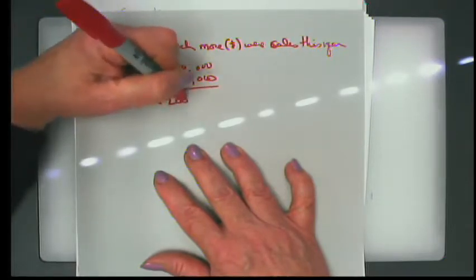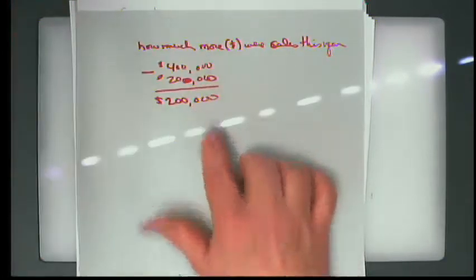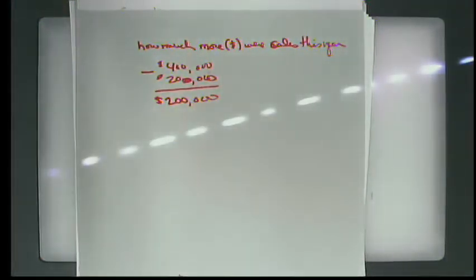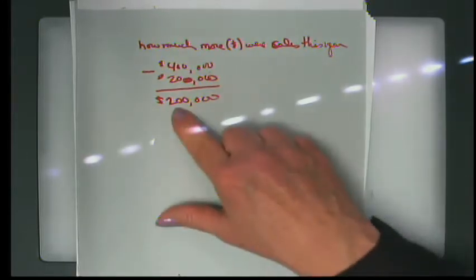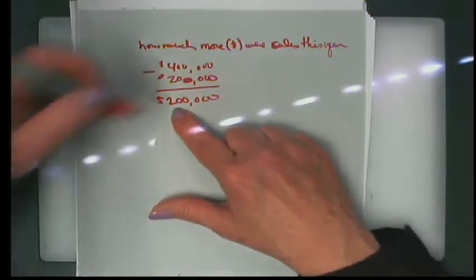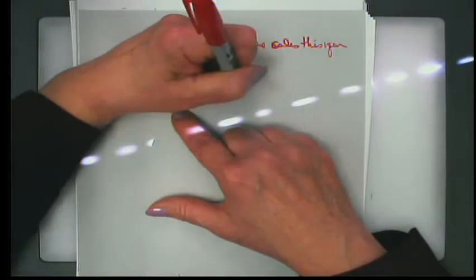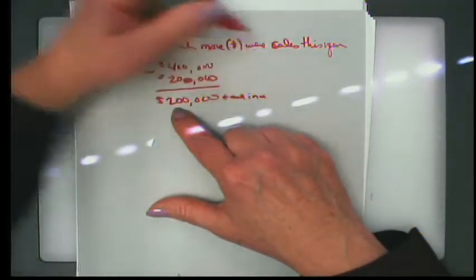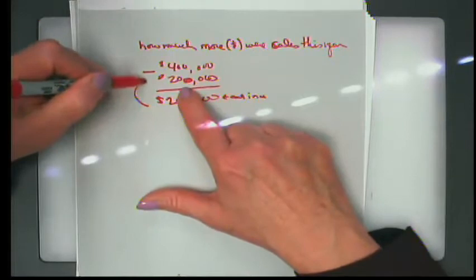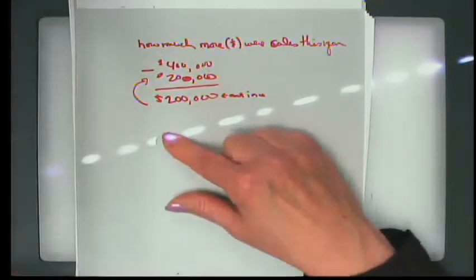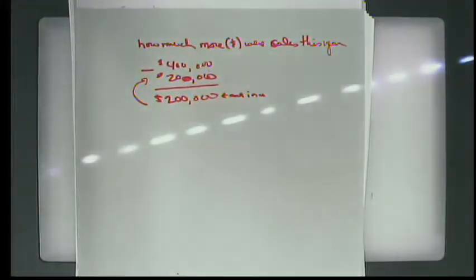So this year you had $200,000 more in sales than you did before. Now here's the next tricky part. It says, what was the percent increase? The percent increase is the amount of increase over not what it is this year, but what it used to be.